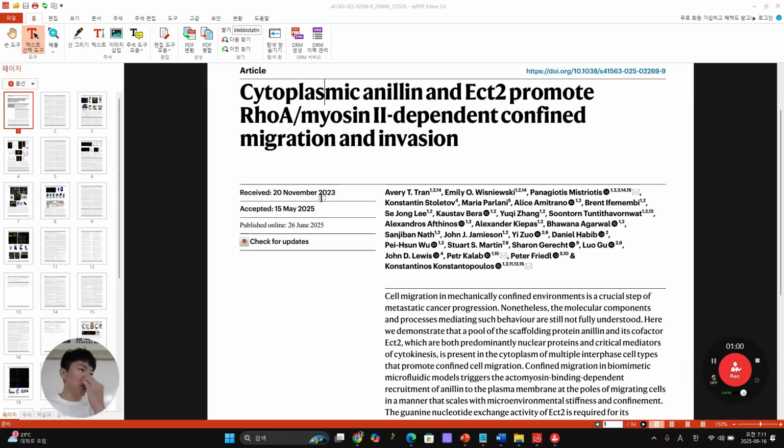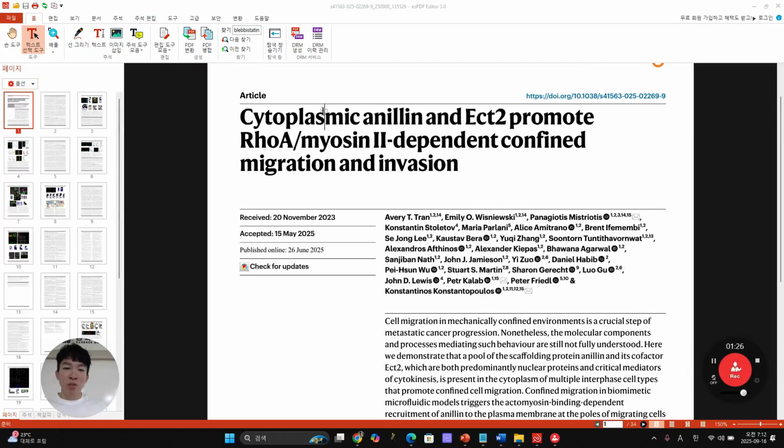So most good studies are designed about 4 years before the acceptance date. You should remember that. They designed this experiment 4 years ago, then performed about 2 years of experiments, then 1.5 years of revision, and finally published in Nature Materials.